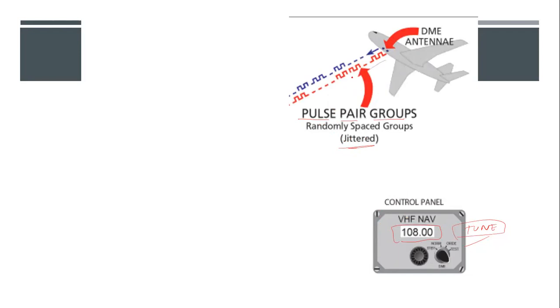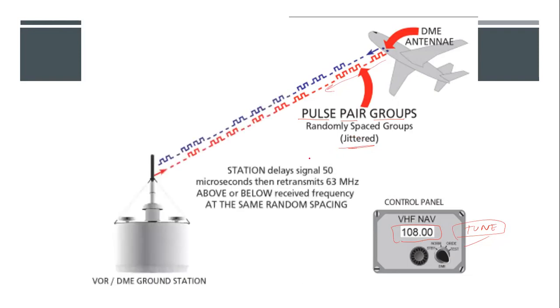Once it sends out the signal with this jittered frequency, the DME on the ground detects it and then sends out the same signal, just plus minus 63 megahertz according to the band, at the same random spacing. This random spacing is the keyword, and that is how different aircraft are identified.